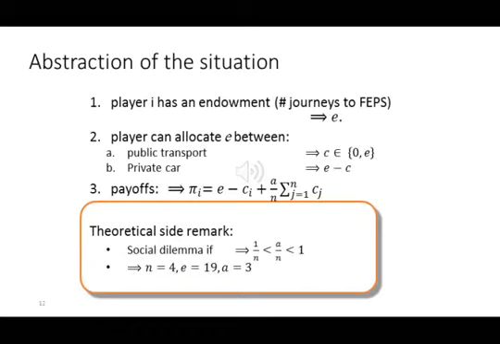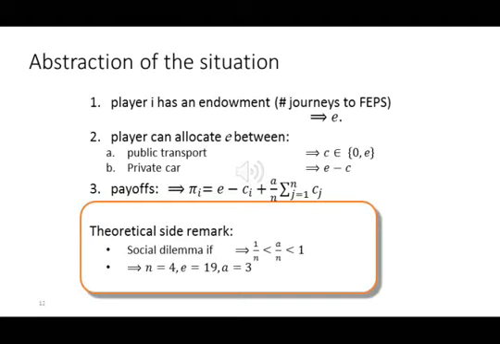The second decision is how many journeys to FEPS he is going to use his private car in. And this will be equal to the number of journeys to FEPS minus the number of times he's going to use public transportation, which is E minus C. Okay, so what will be the payoff to this individual?